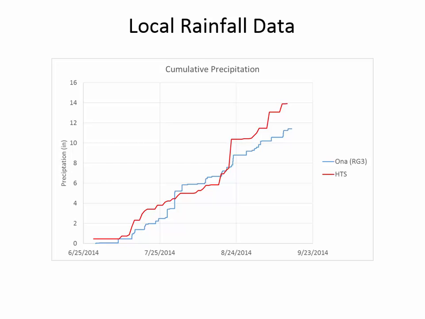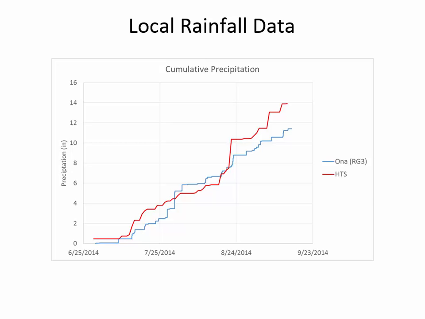But you can see that they are some distance apart, and usually when there's a big storm, it will rain a little bit in Huntington, it'll rain a little bit in Ona. But it seems like for some of the time, the rain is in Huntington before it gets to Ona. And that goes back to what we were talking about last time, is the typical pattern of storm movement is from the west towards the east.